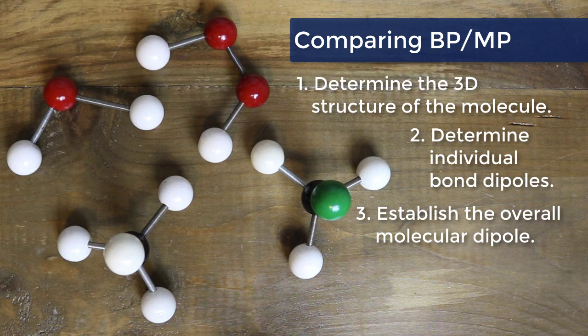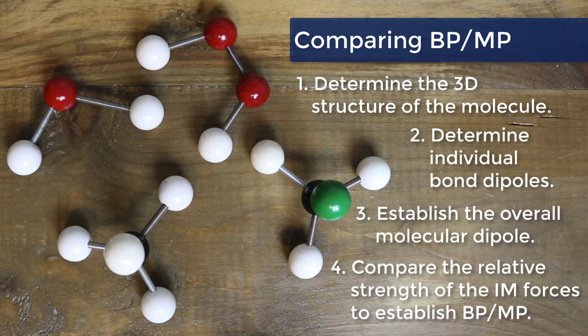And finally, how does the strength of each of those forces that are keeping the molecules together, that is the relative strength of the intermolecular forces, relate to the intermolecular forces of the other molecule? And if we find that they are greater, then it makes sense that it's going to take more energy, that is a higher temperature, to overcome those forces, and therefore we're going to have a higher melting point or boiling point.